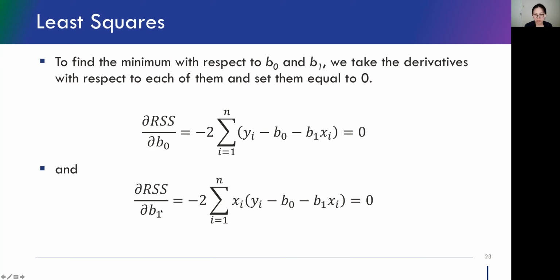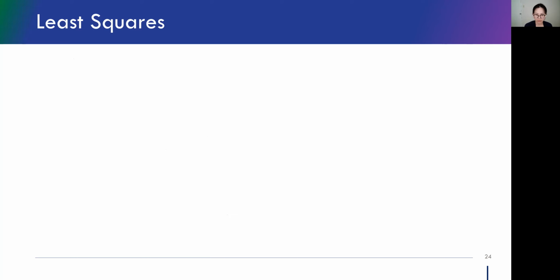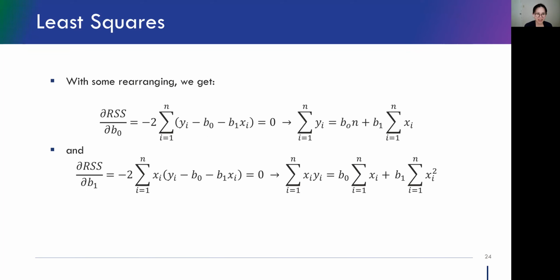When we do it with respect to B1, there is an extra xi that comes out because we have this extra term with respect to B1 here. So this uses a little bit of calculus. Hopefully you are still familiar with those.